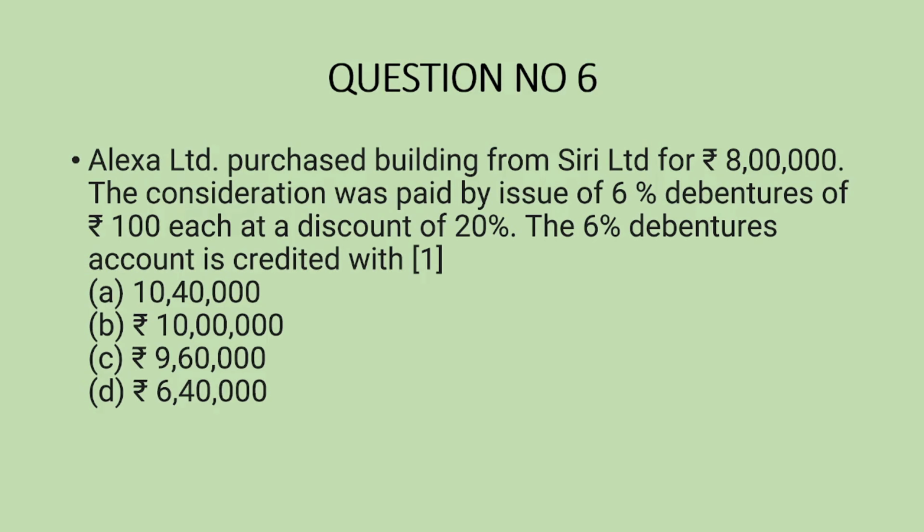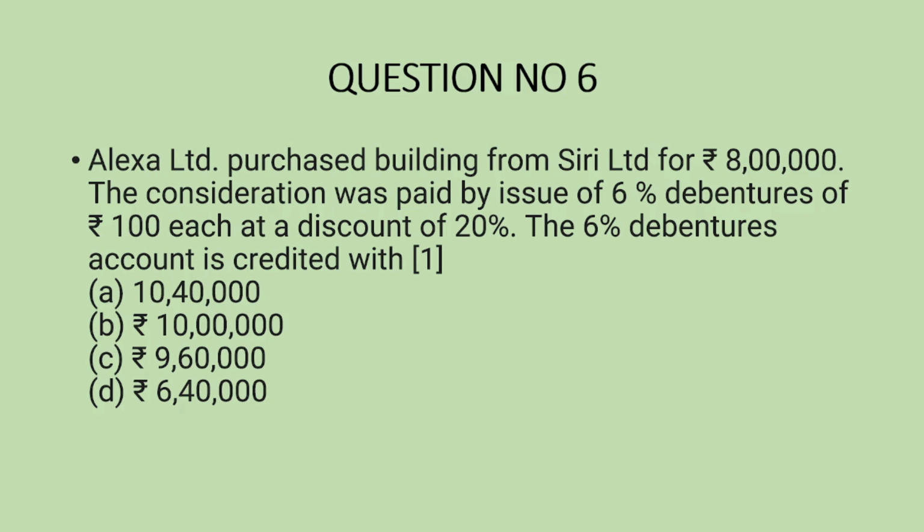Alexa Limited purchased buildings from Siri Limited for 8 lakhs. The consideration was paid by issue of 6% debentures of 100 rupees each at a discount of 20%. The 6% debenture account is credited with, there are 4 options given over here.